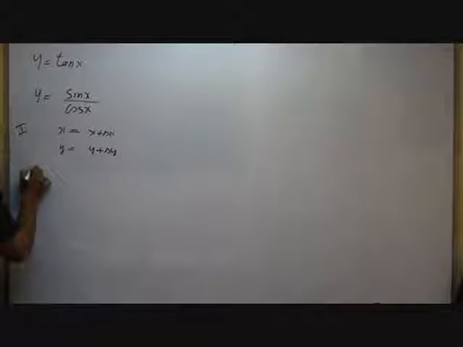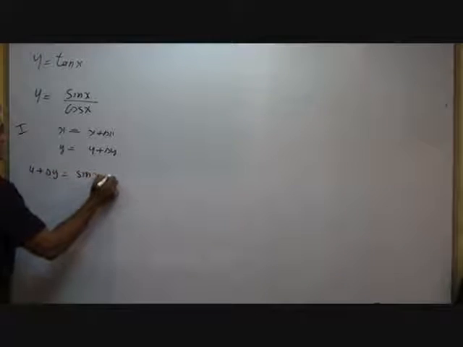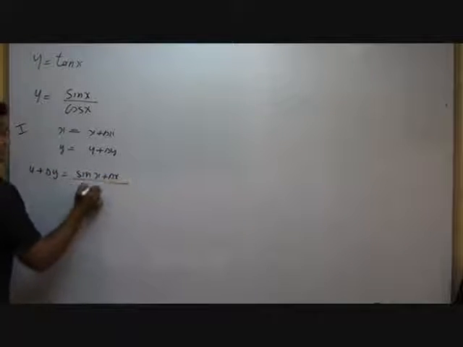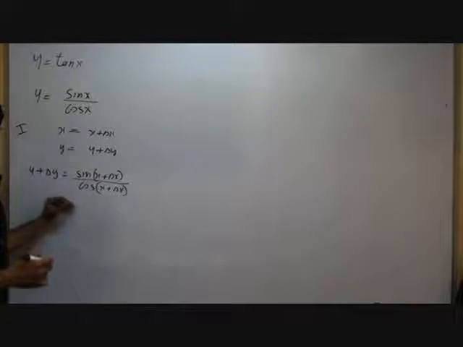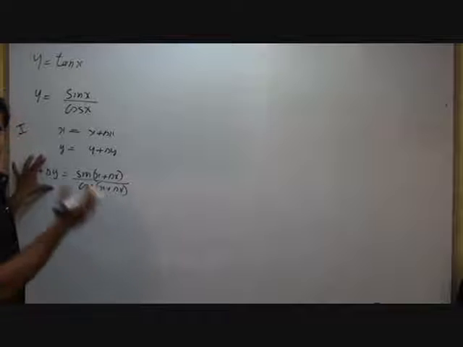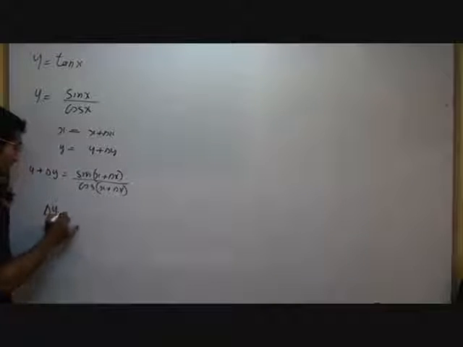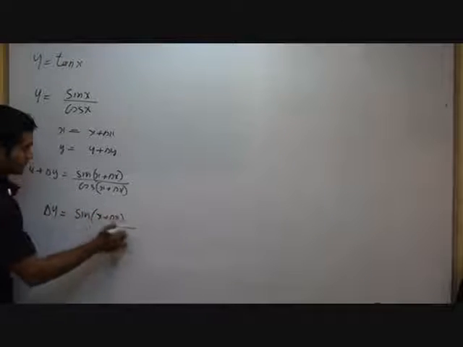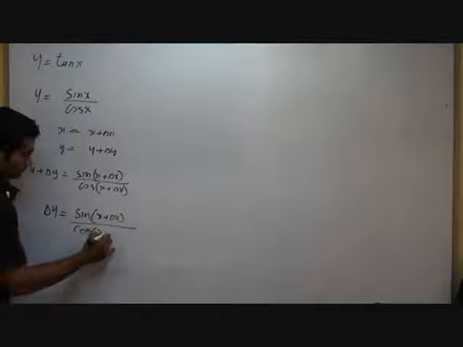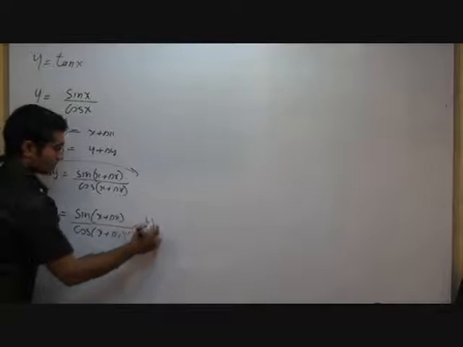Now I can write y plus delta y as equal to sine of x plus delta x divided by cos of x plus delta x. Well, that's fine. So what do I have to do? I have to keep delta y on the left hand side and put everything on the other side, right? So delta y would be sine of x plus delta x by cos of x plus delta x minus y.